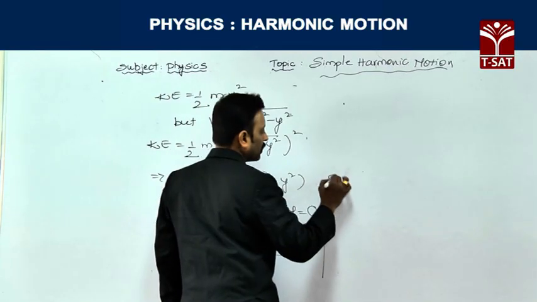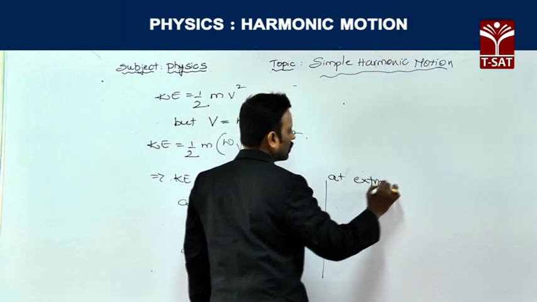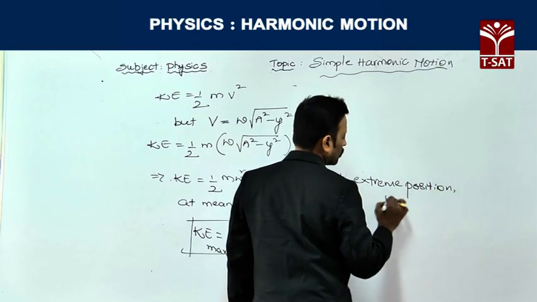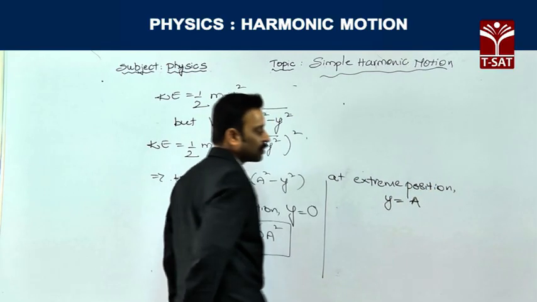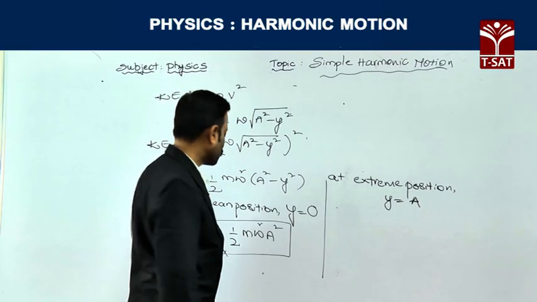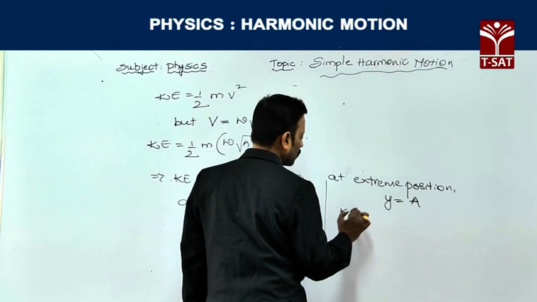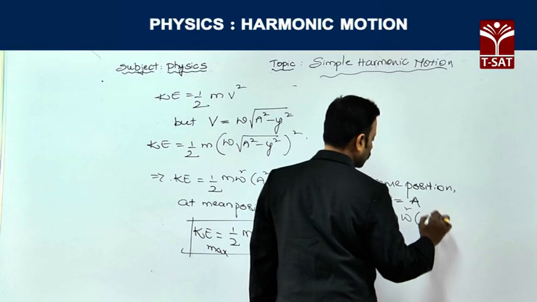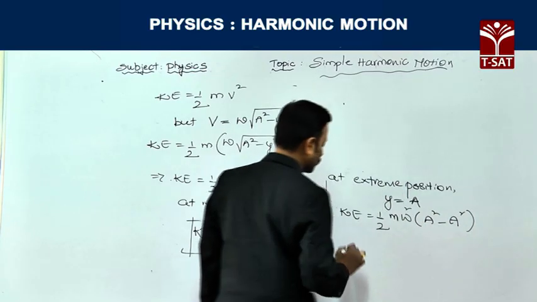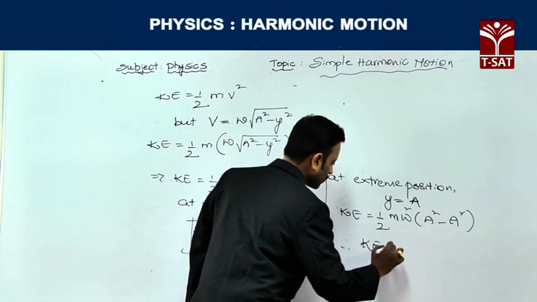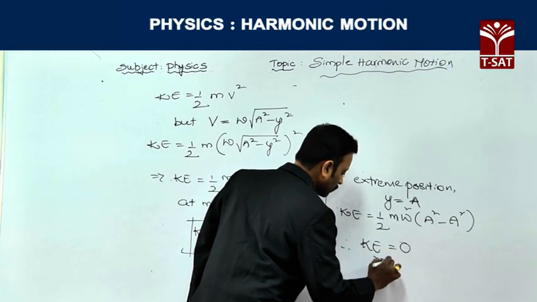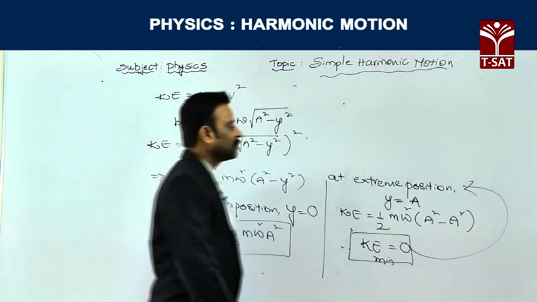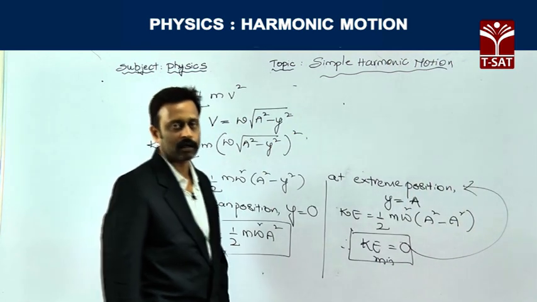Next, at extreme position, the displacement of the particle is maximum, which is amplitude. What happens to its kinetic energy? Kinetic energy is half m omega square a square minus a square. Therefore, kinetic energy is 0, which is minimum when it is located at extreme position in simple harmonic motion.